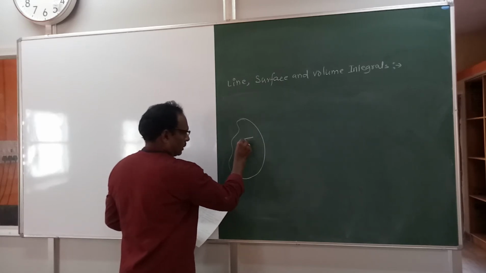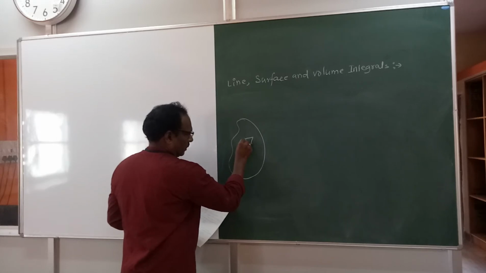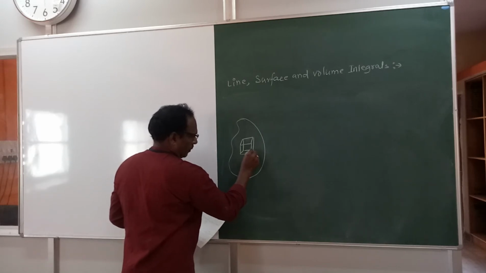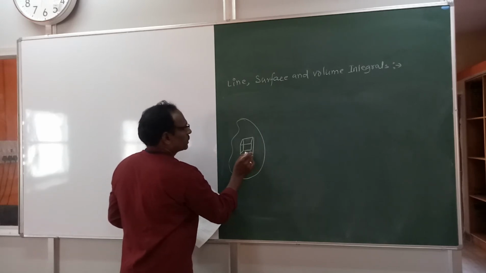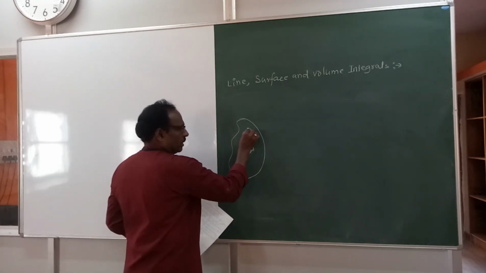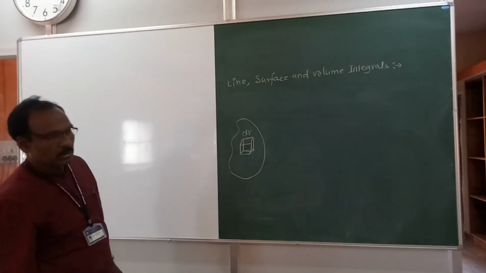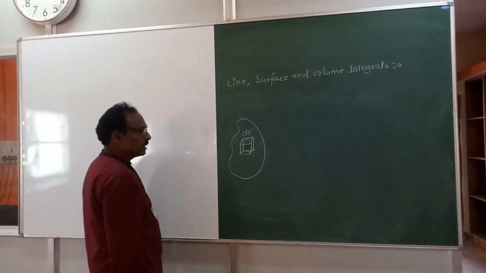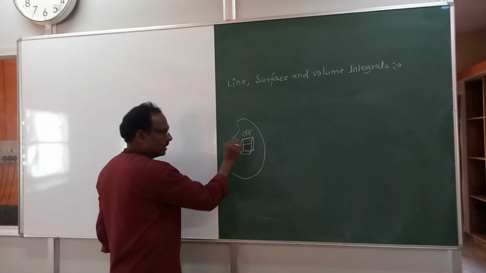You can draw it, something like this. This is the volume element dV, a closed surface enclosing a volume V.